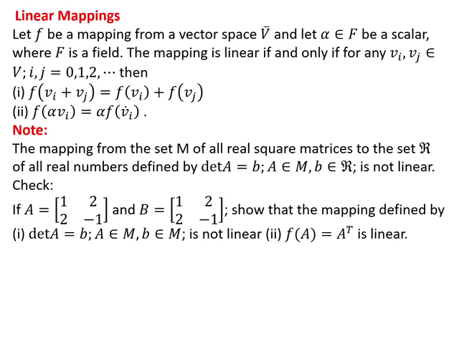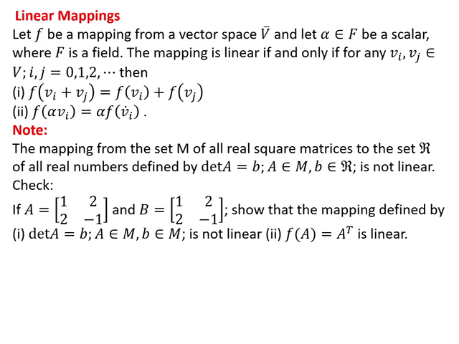The mapping is linear if and only if for any Vi, Vj, members of V, where i, j take values 1, 2, and so on, then you have the first condition.